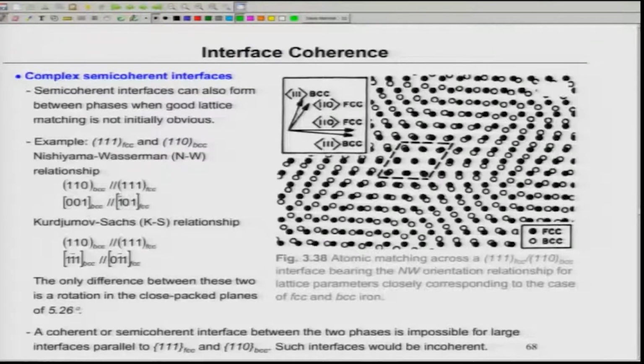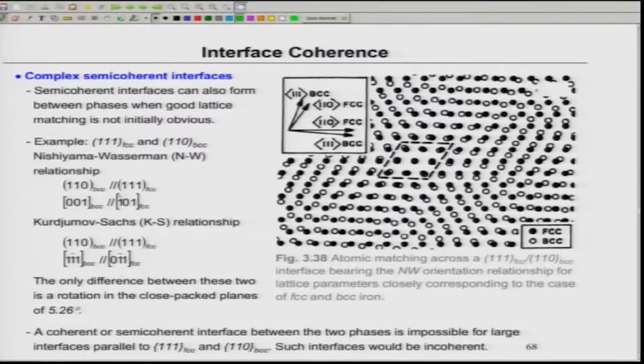Here, 1 bar 11 in the BCC is parallel to 01 bar 1 in the FCC. The only difference between these two is a rotation. You try to understand this aspect very clearly, the difference between these two cases.